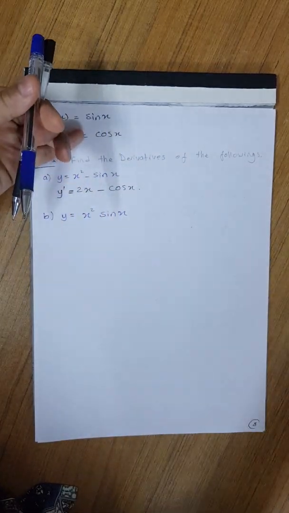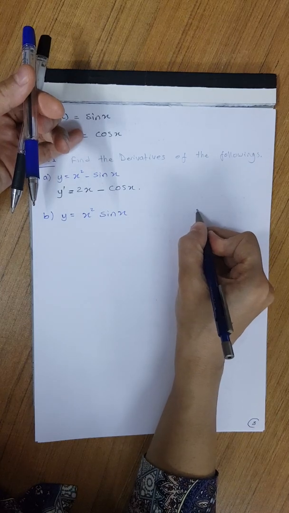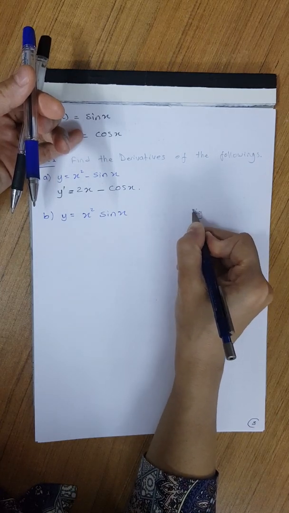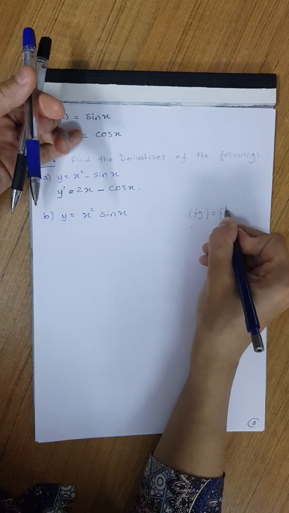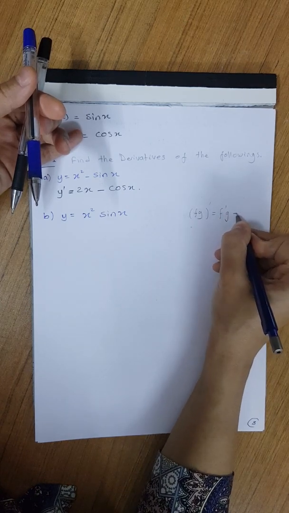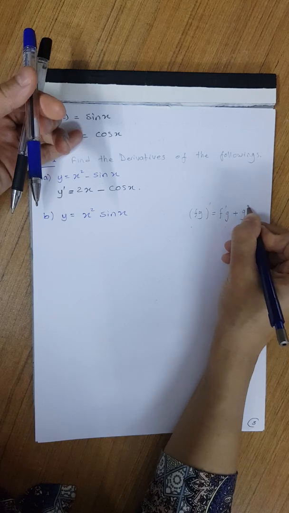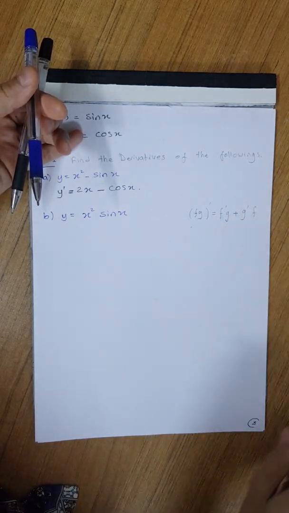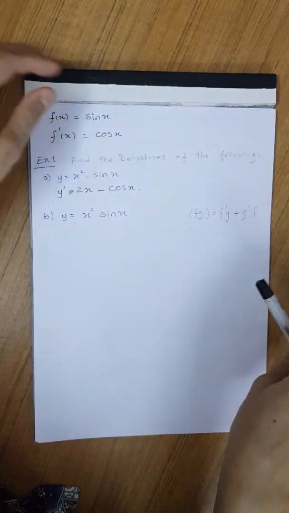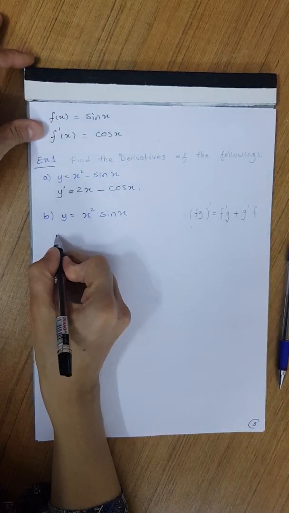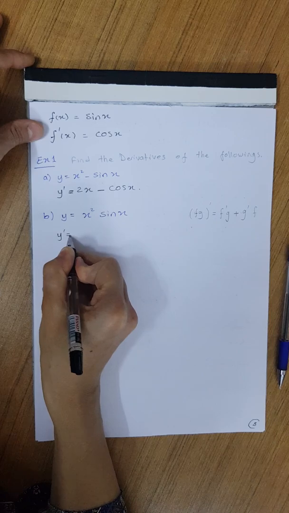What is the product rule? If you have got f multiplied by g and find the derivative, it becomes the first one's derivative multiplied with the second one plus the second one's derivative multiplied with the f. So y prime is equal to what?